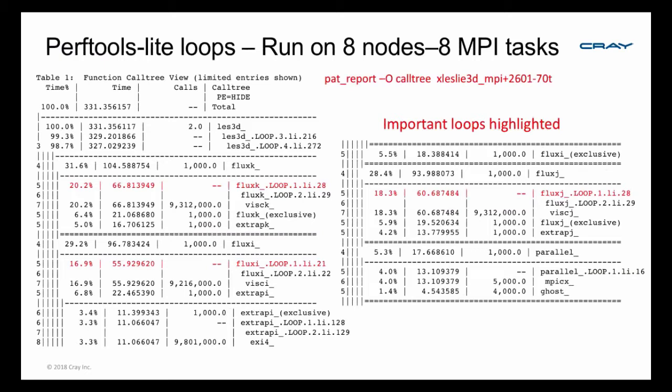So what you see is we start with the main routine, Leslie 3D, and there is that time step loop, Leslie 3D loop 216, and then the loop that goes 2 iterations. But then notice in flux K, the high-level loop in flux K on loop 28.